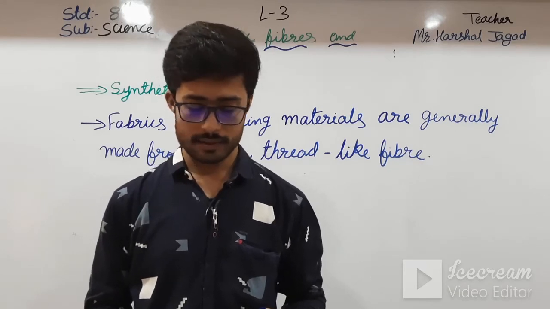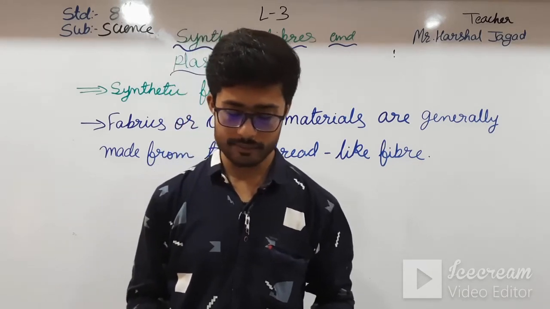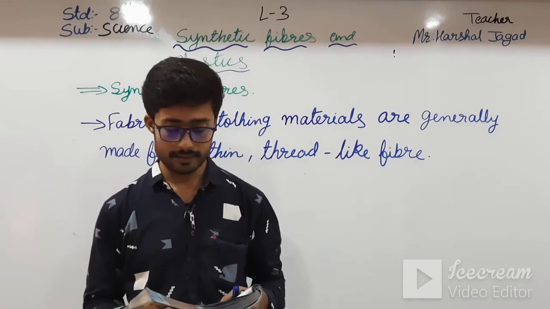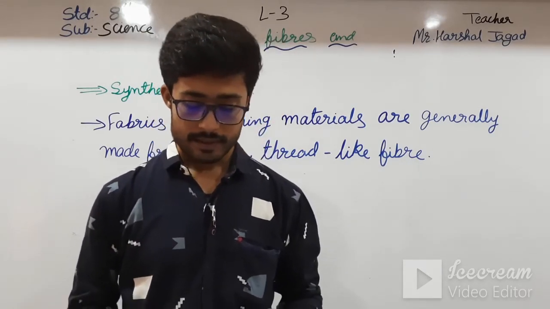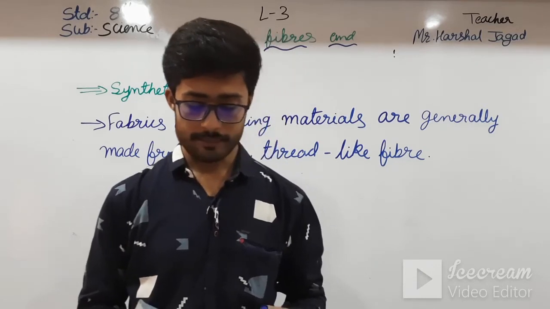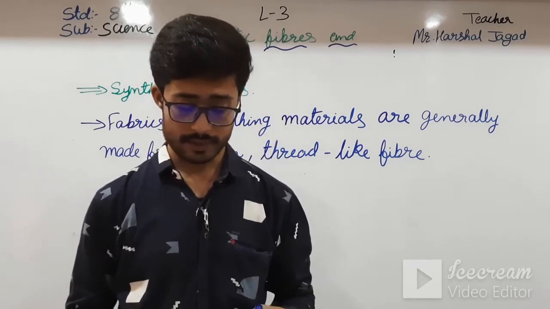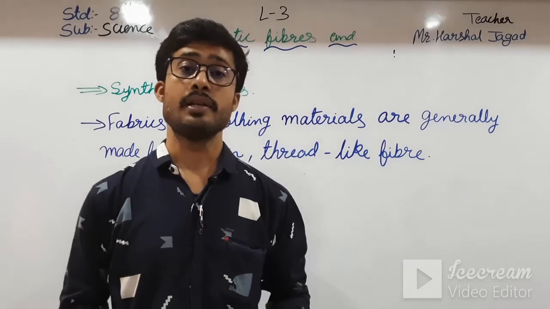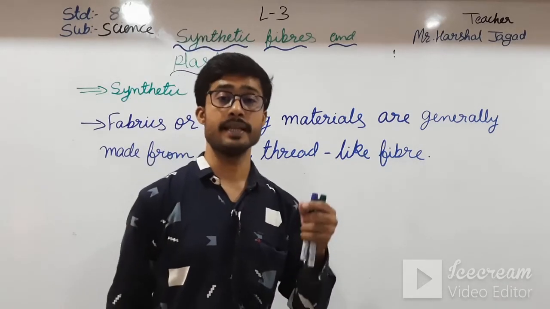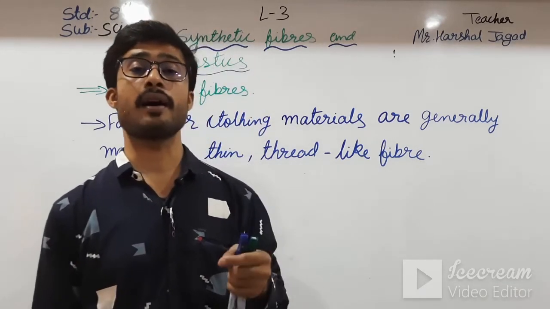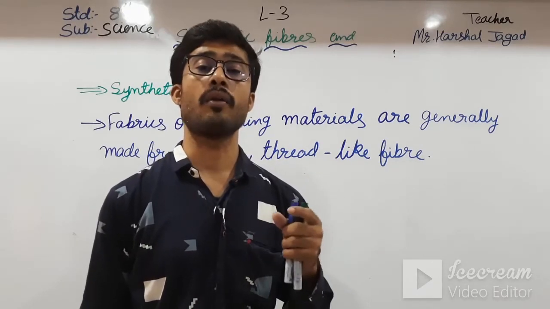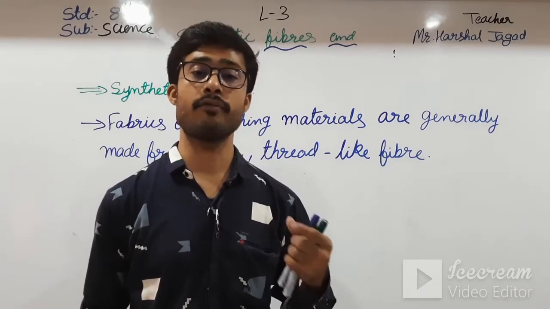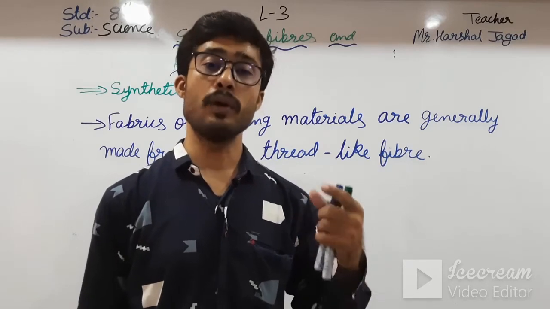We will also learn about the difficulty associated with their disposal and thus their impact on the environment. Okay students, now all synthetic fibers are produced by a chemical process called polymerization. So synthetic fibers means the man-made fibers, which are made by a process known as polymerization.